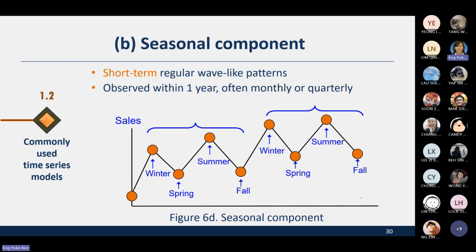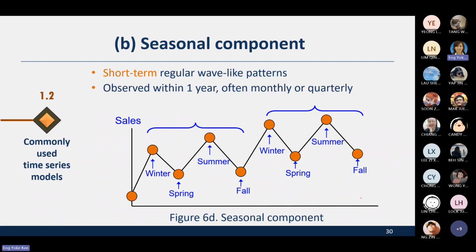Okay, so what kind of seasonal pattern that you see? So normally when you have high frequency data, high frequency data means what? Monthly data, quarterly data. High frequency means how many times you observe the data point in 1 year. Definitely must be more than 1.